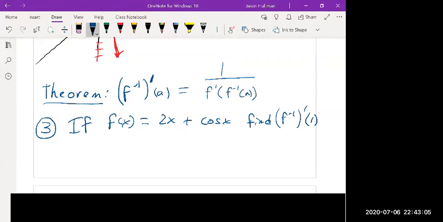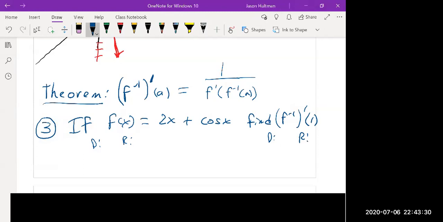Okay, so we want the input. Let's think about domain and range here. We have domain and range of our original function, and then we have domain and range of our inverse function, right? So we want the input of our inverse function to be 1.